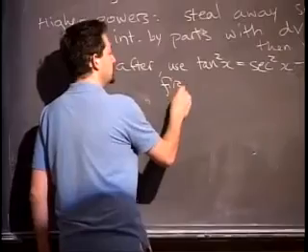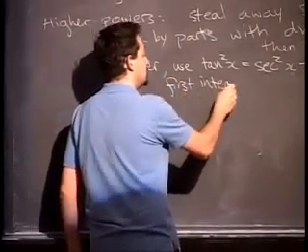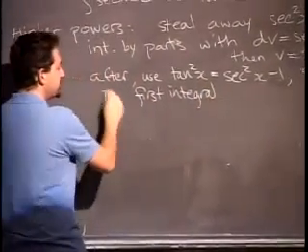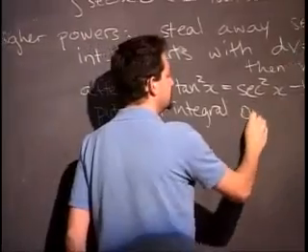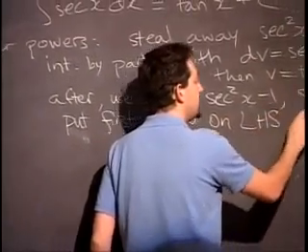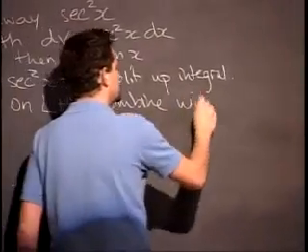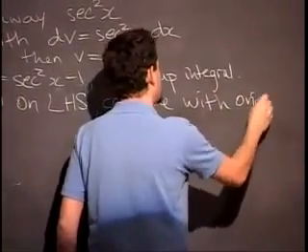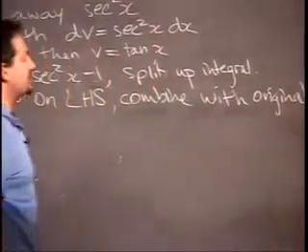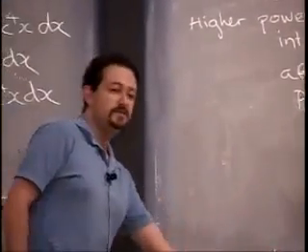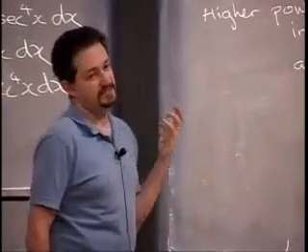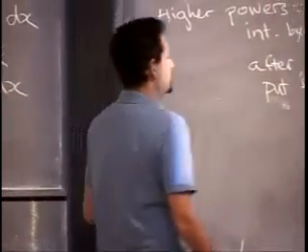First integral, put first integral on left-hand side to combine with original integral. Right, because the first integral that comes out is just the original power of secant x times some constant. You put that over on the other side and divide by the coefficient.